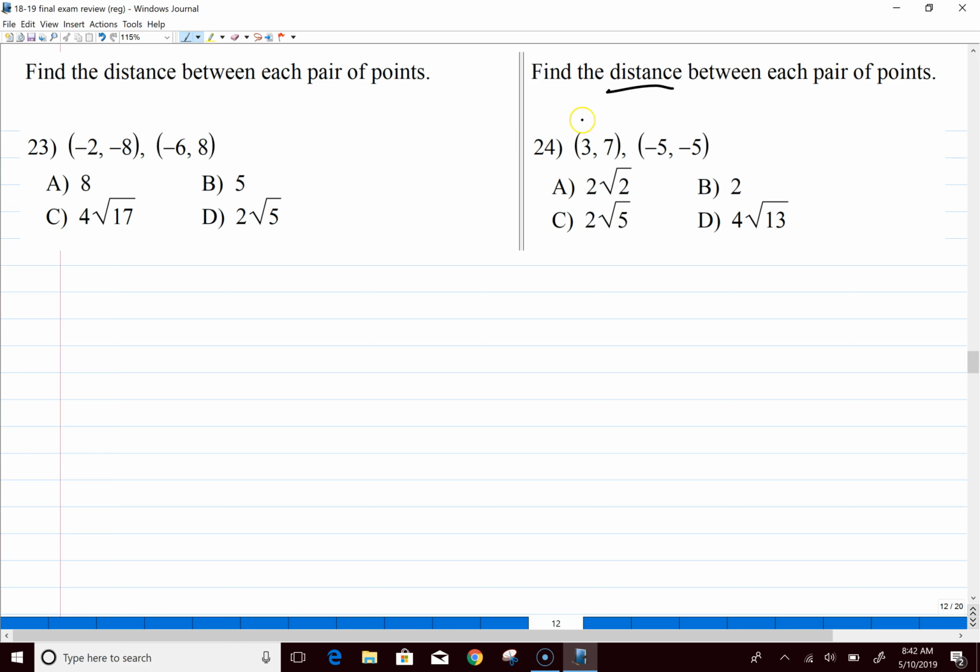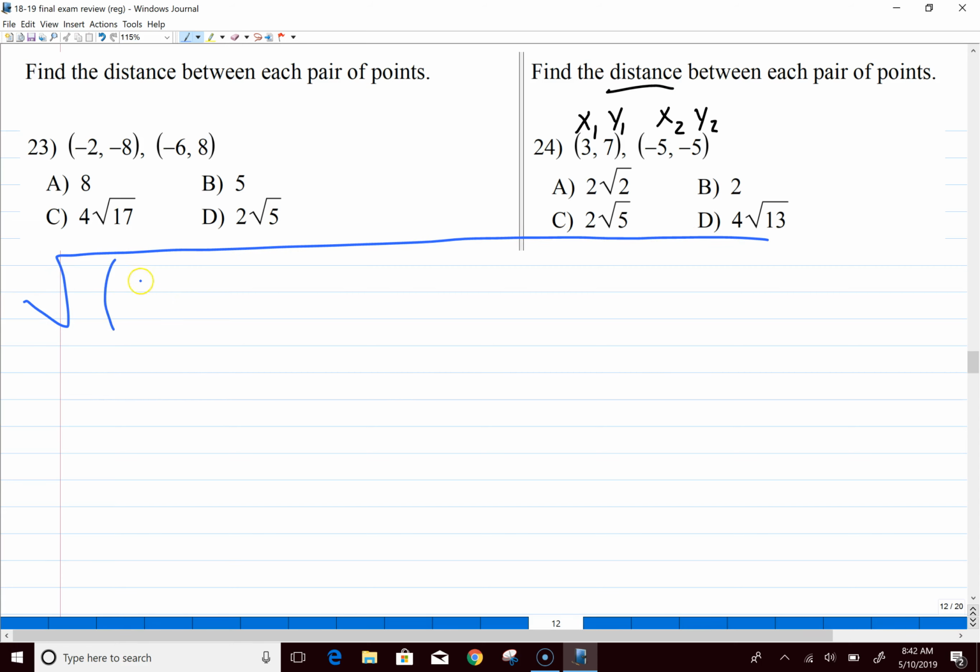Same as the other question. This is x, this is y, this is x, this is y. This happens to be the first point, so they get a 1. This is the second point, they get a 2. So the formula has a square root, and then it has x2. x2 is negative 5.